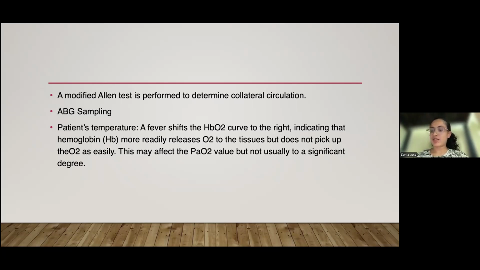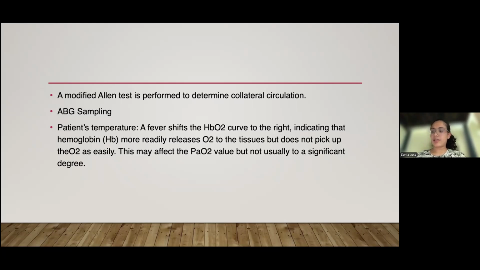Okay. First we explain the procedure to the patient and then perform the modified Allen's test. Then we place the hand, and we can keep a towel under the patient's wrist to keep the wrist hyperextended.